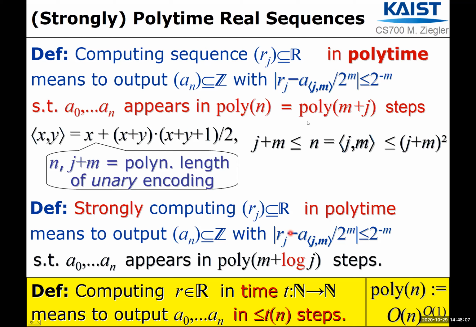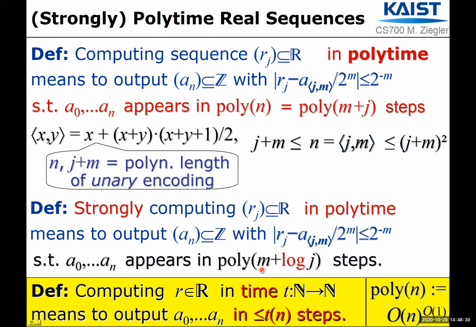So that's the difference: in the first case, the running time must be polynomial in precision and sequence index; in the second case, polynomial in the precision and the logarithm of the sequence index.